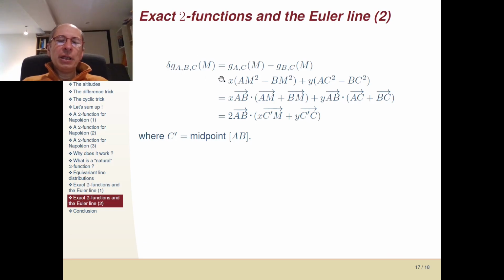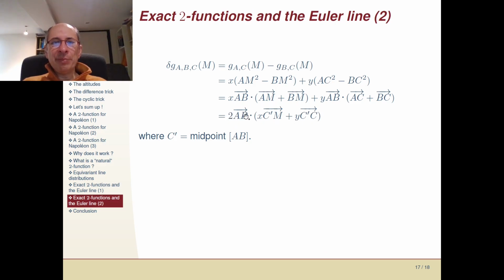So now we compute delta G ABC of M, and it's GAC of M minus GBC of M, which has this form, and we recognize here an identity which allows us to factorize by the vector AB. And using a trick which is very elementary, introducing the midpoint C prime, we can obtain the following form.